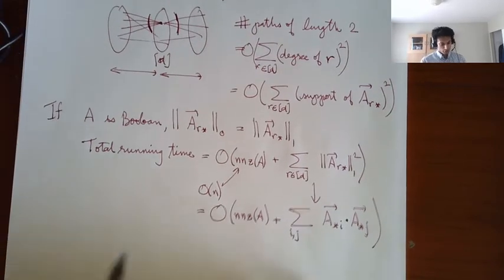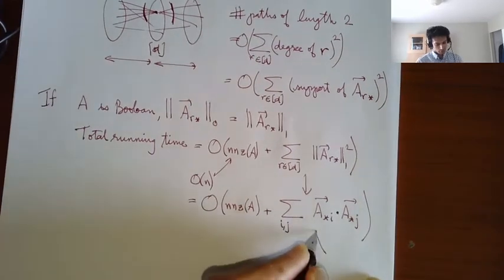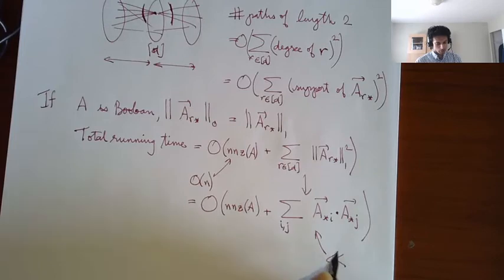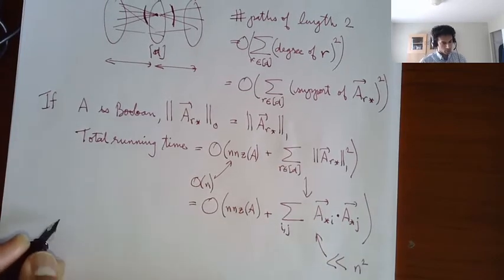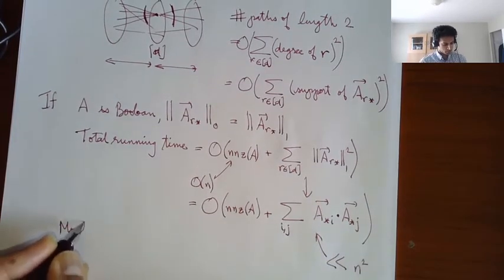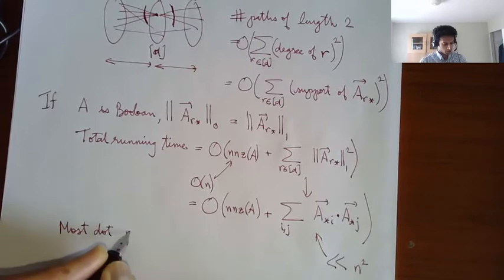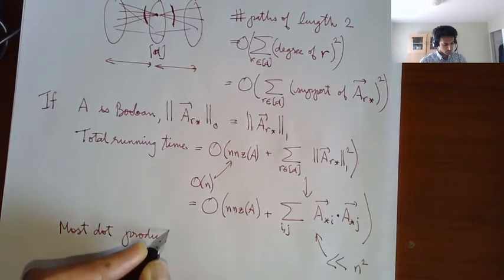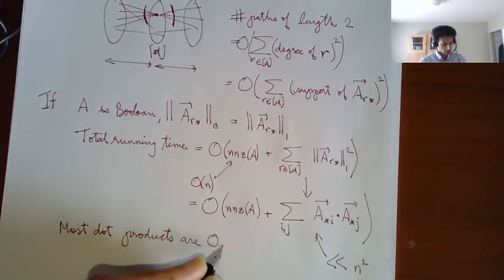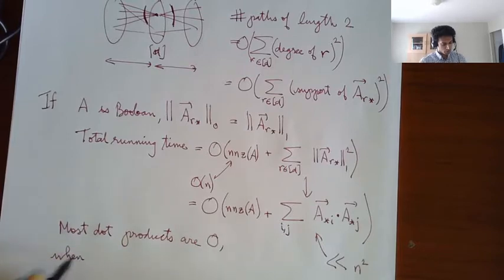Now, this quantity here is typically much, much smaller than n squared because most dot products are 0 when A is sparse. Which kind of makes sense, right?